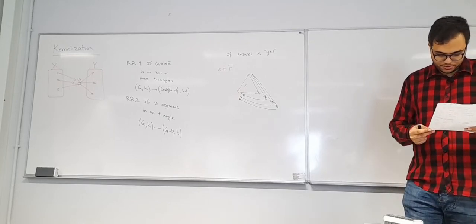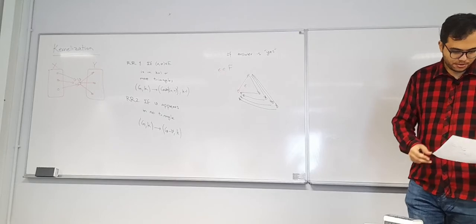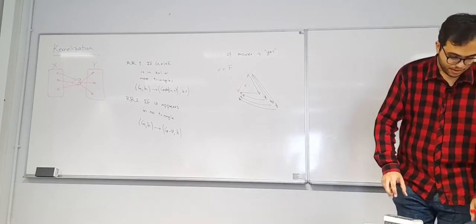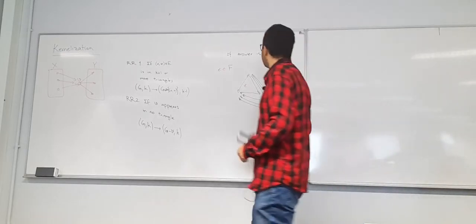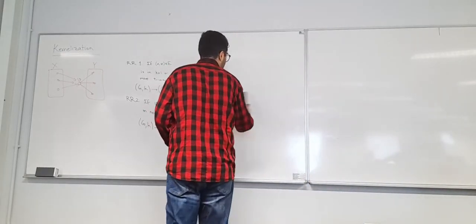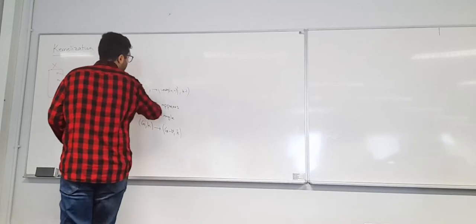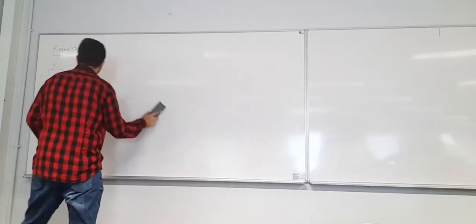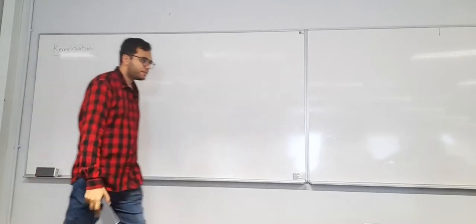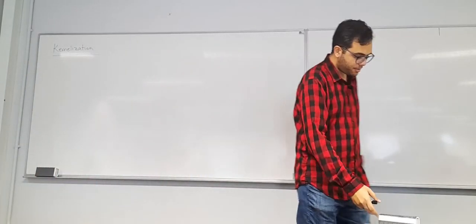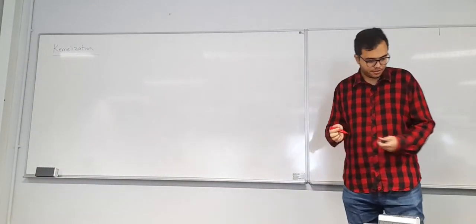Now, let me go to a different example. My second example is something called edge clique cover, which is again parameterized by the solution size. In this problem, I again have a graph.